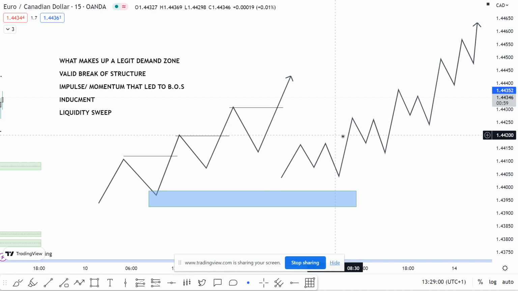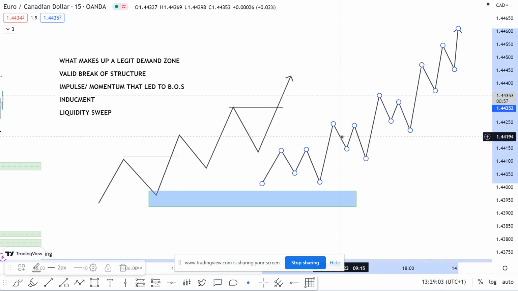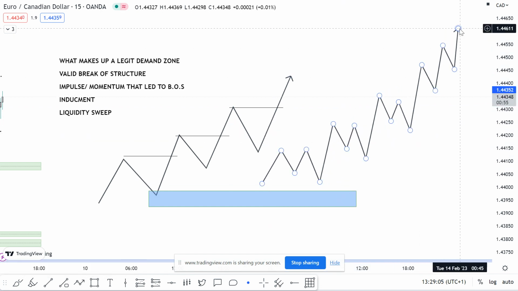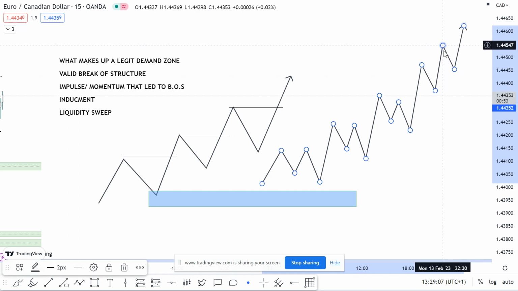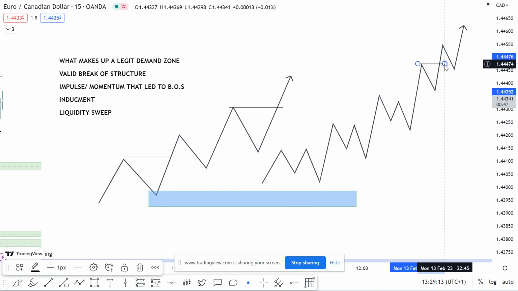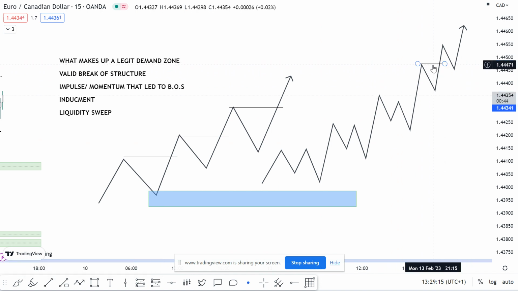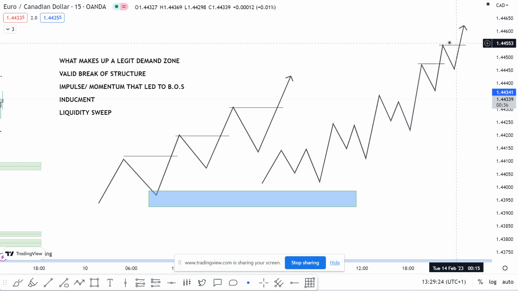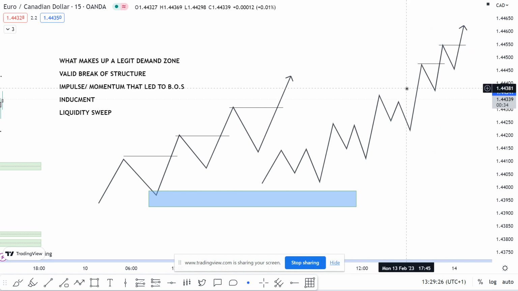I know that 90% of everyone who is saying this learned break of structure as this and this. You say when a previous high is broken towards the upside, that is BMS, break of market structure.